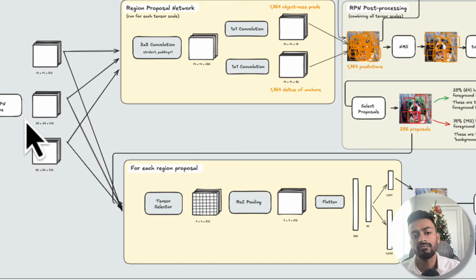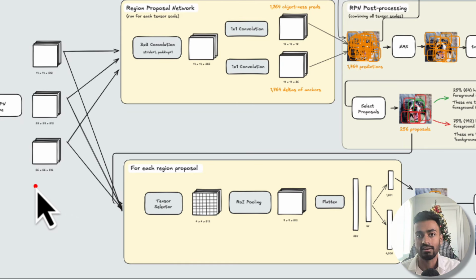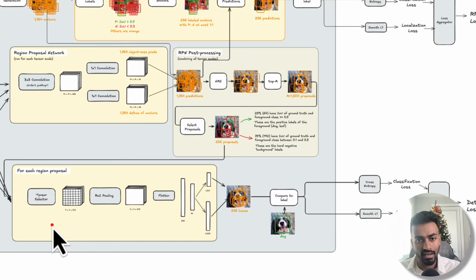So the idea is that with this tensor selector, for very small region proposals, we will use the much finer tensor of 56 cross 56 cross 512. And for much larger region proposals, we want to use the coarser tensor of 14 cross 14 cross 512. And effectively, once we select the tensor, the working is exactly the same as it was with the original Faster R-CNN.